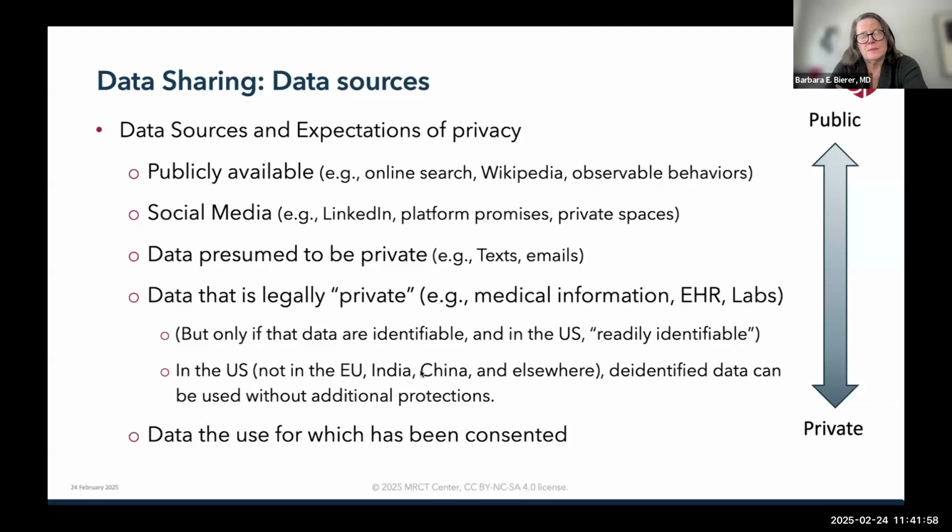So very different expectations. And as you get to more private data sources, the expectation for getting consent, or for people to be aware of how their data will be used, increases.